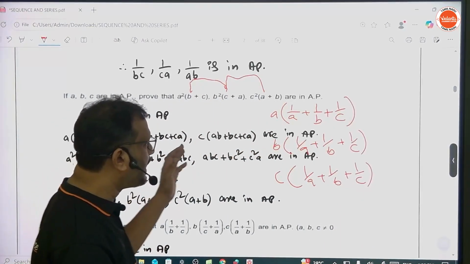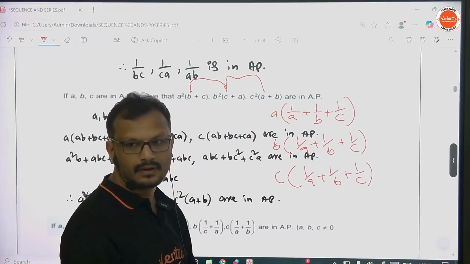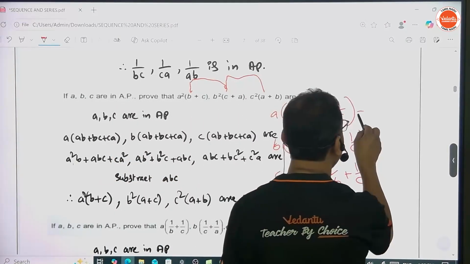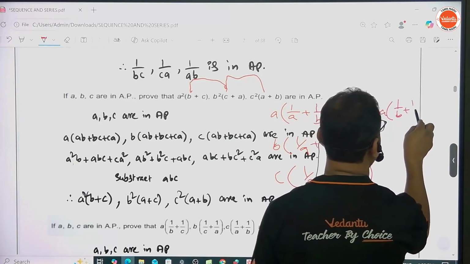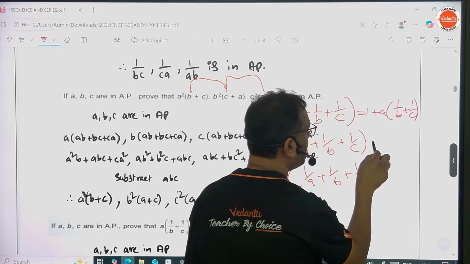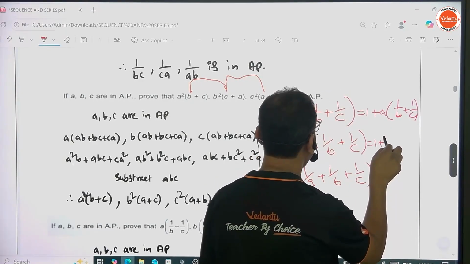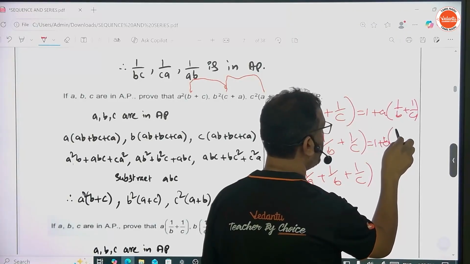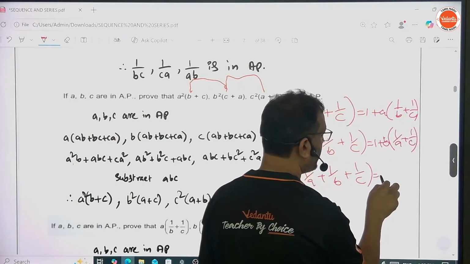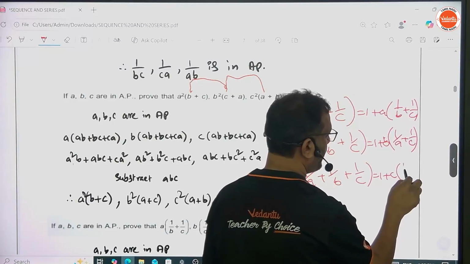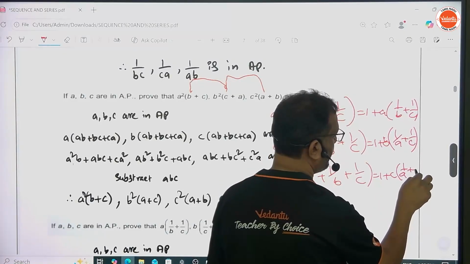So now when you multiply inside, you will get 1 plus A into 1 by B plus 1 by C. Here 1 plus B into 1 by A plus 1 by C. And here 1 plus C into 1 by A plus 1 by B.